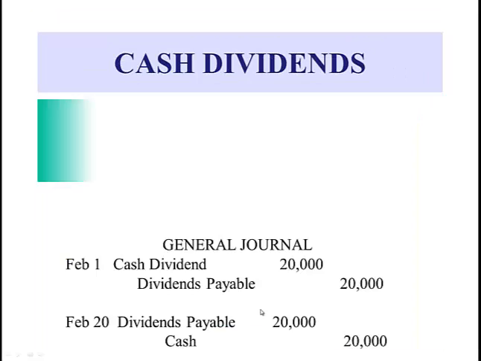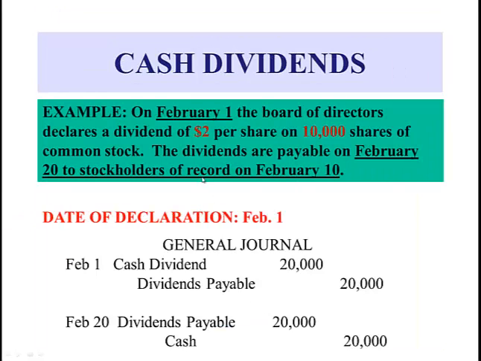So let's look at an example. On February 1st, the board of directors declares a dividend of $2 per share on 10,000 shares of common stock. The dividends are payable on February 20th to stockholders of record on February 10th.